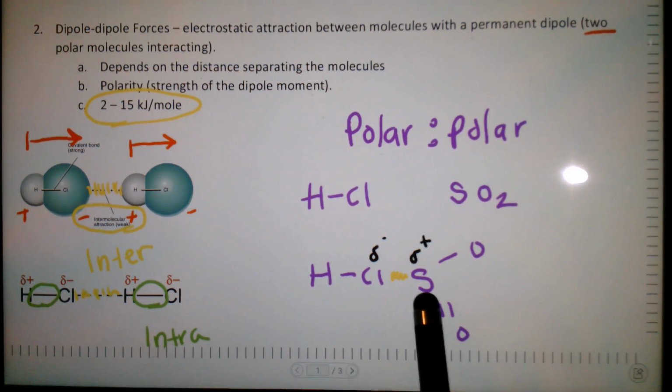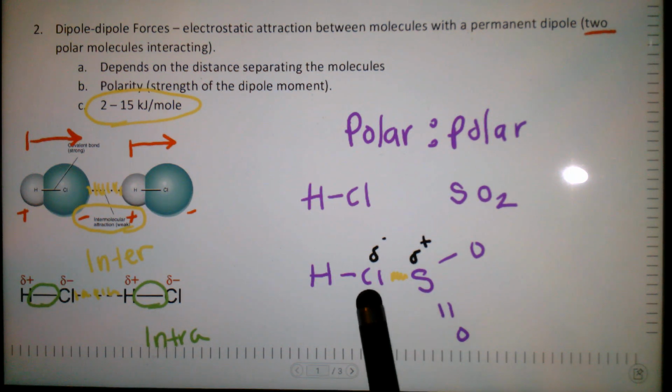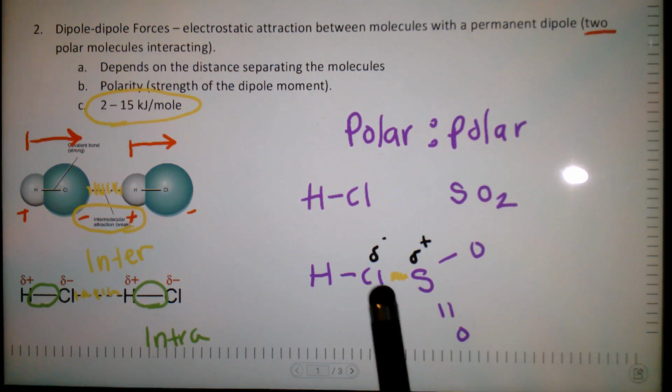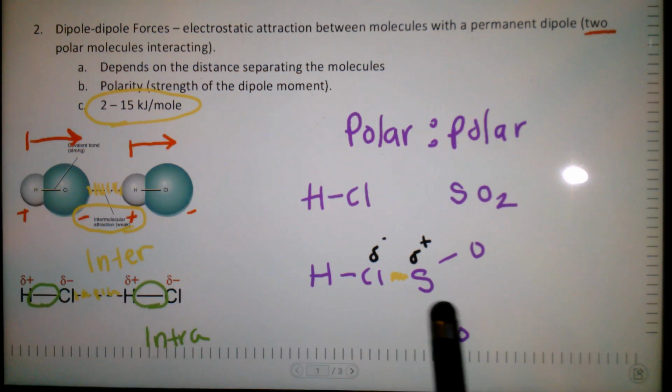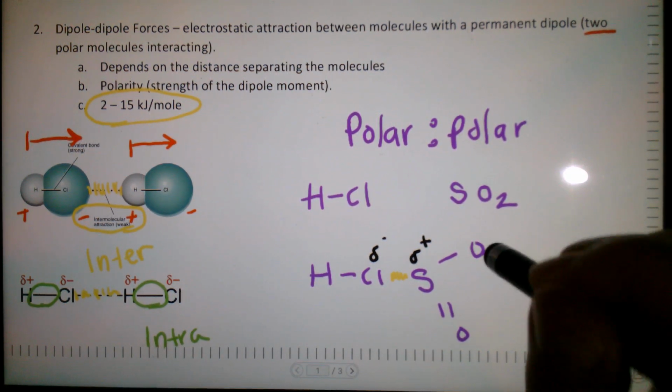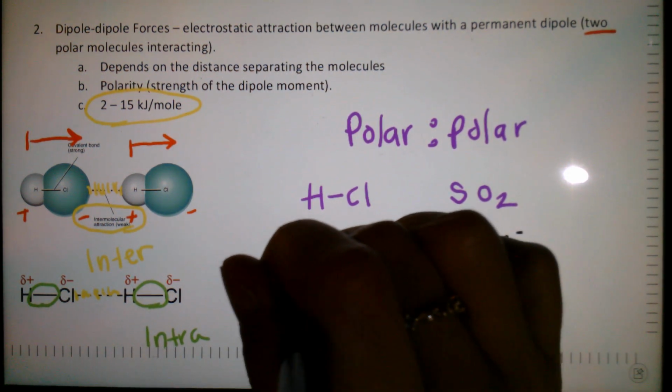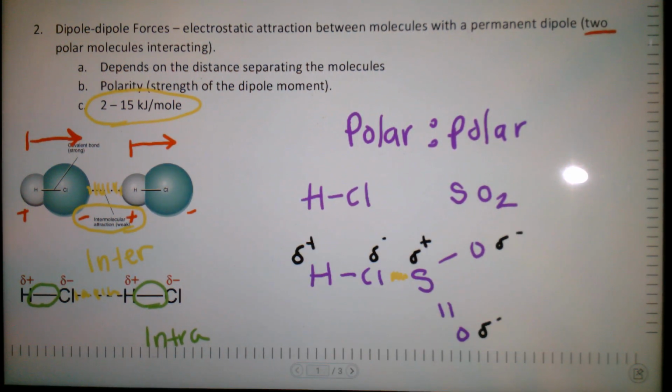So we can even see it between things that are different, like an HCl and an SO2. The key here was these were both polar. So our oxygens are the delta minus and this hydrogen is the delta plus. Anytime you have dipoles here, you can get a dipole-dipole interaction.